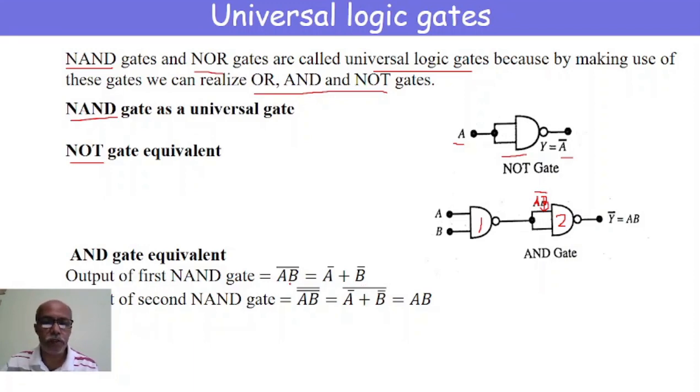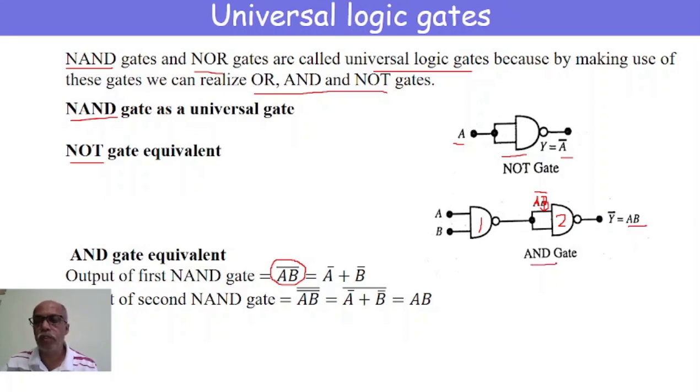Again, this output is applied across the input terminals of the second NAND gate, because of which it is again complemented. Therefore, complement of (complement A and B) will be equal to complement of (complement A or complement B), that is equal to A and B, and that is the output of the AND gate.